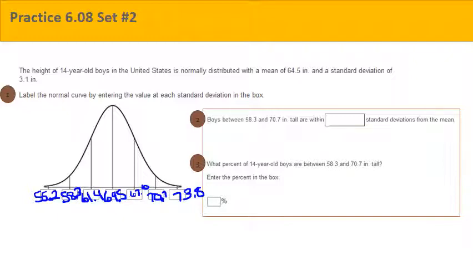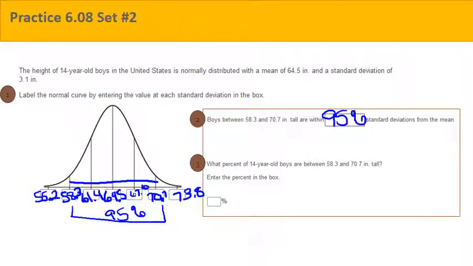All right, so boys between 58.3 and 70.7. So that is within 2 standard deviations. Now don't forget, within 2 standard deviations, we have 95% of the data. That's your empirical rule, 95%. Or you can actually go through and write out those percentages in each piece and add them up. Either way, you're going to get 95%.